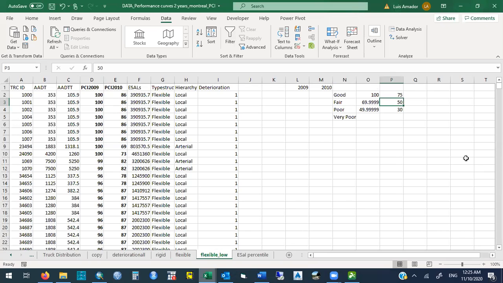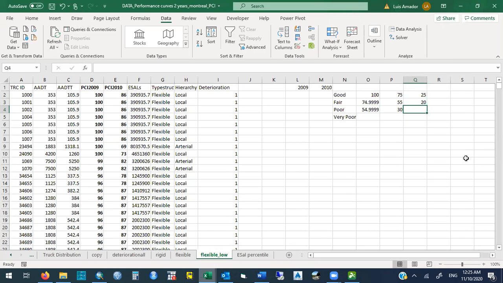Okay. You want me to change those? 55 maybe. So I have a span of 25 here. I have a span of 20 here.